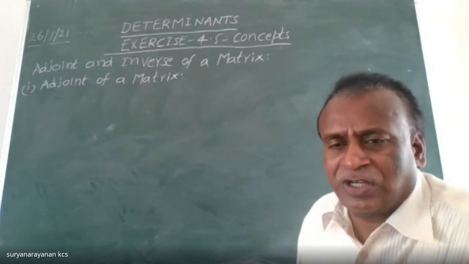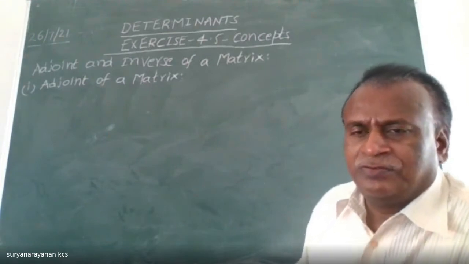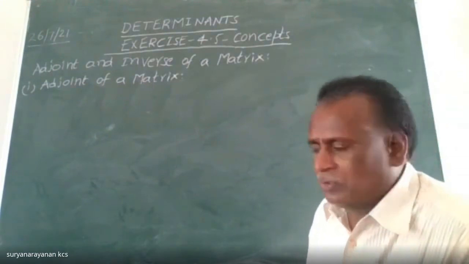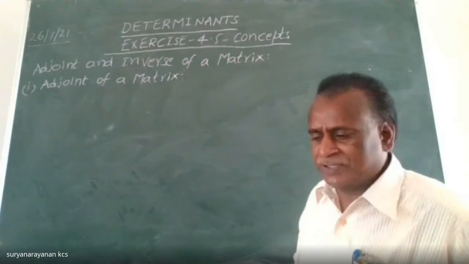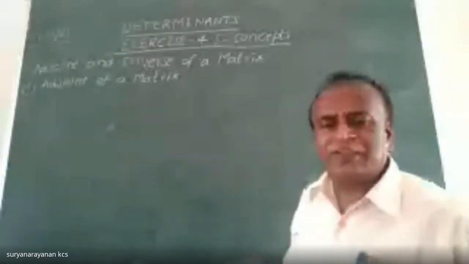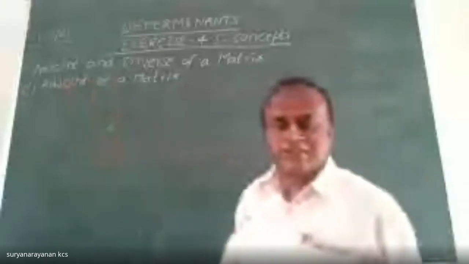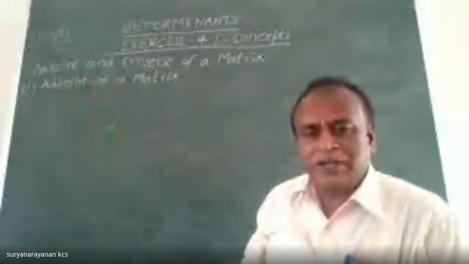Someone has used column operations. We can use column operations also, or we can use row operations. Now, inverse of a matrix with the help of adjoint of a matrix.